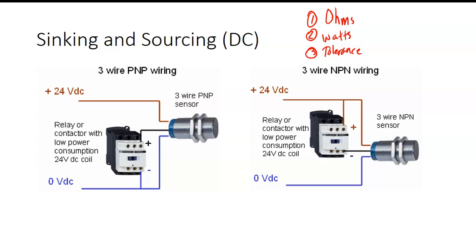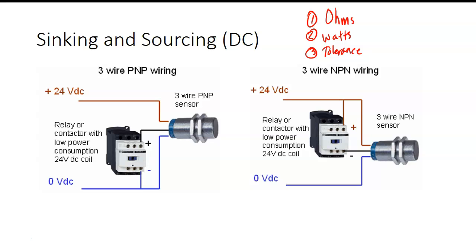So here's my PLC or my relay. This guy right here uses a common, he uses minus. This guy up here uses a common, he uses a plus. What that's saying is that since this guy is connected to minus, then this guy here has got to put out a plus.